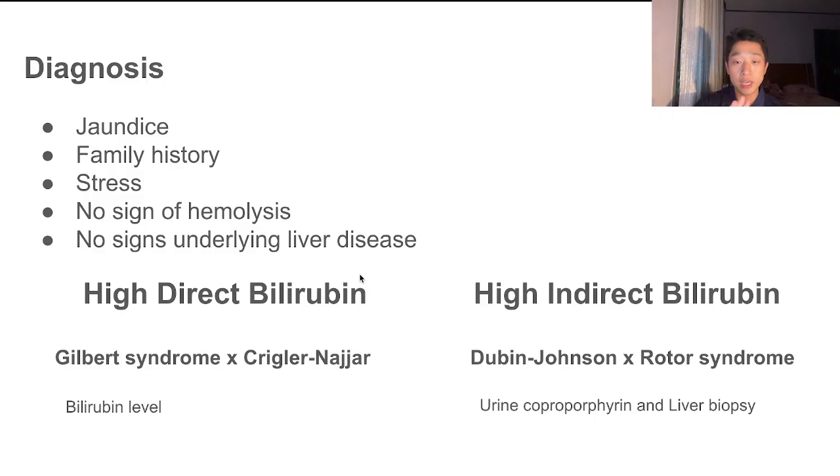To differentiate these two conditions, we need to see the urine coproporphyrin, an elevation of which we can find more in Rotor syndrome, and it's normal in Dubin-Johnson syndrome. We can also do a liver biopsy, which would show that in Dubin-Johnson syndrome we will have a grossly black liver and dark granular pigments, which would not happen in Rotor syndrome.